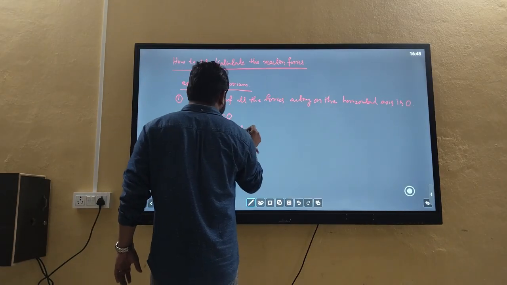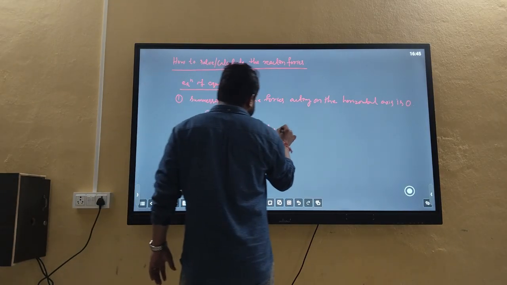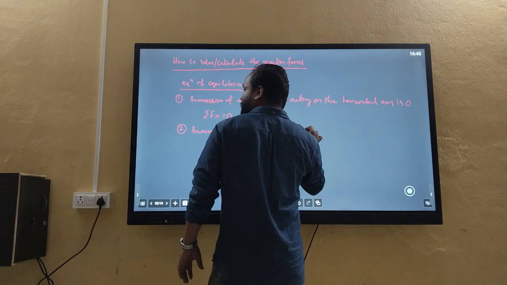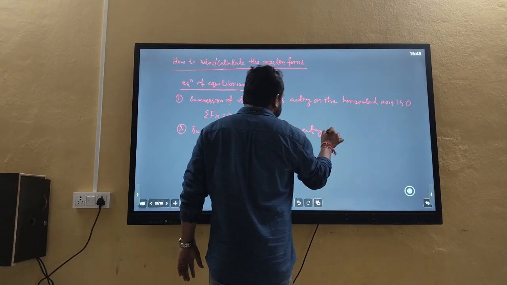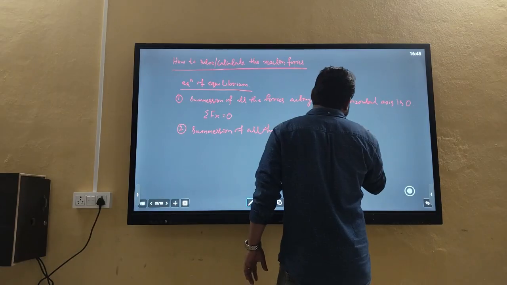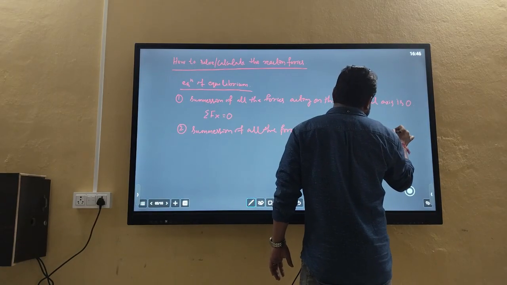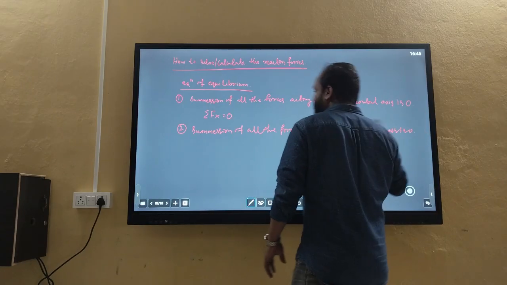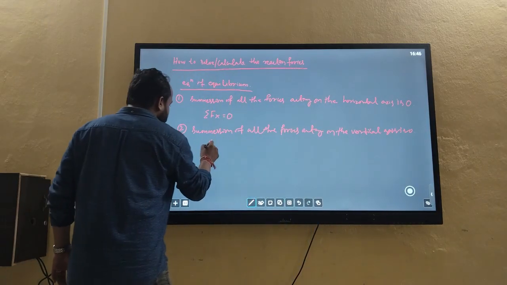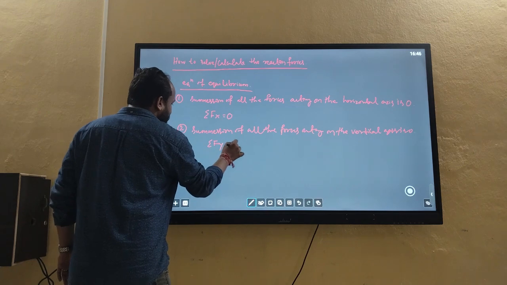Summation of all the forces acting on the vertical axis is 0. It can be written as summation of Fy equals 0.